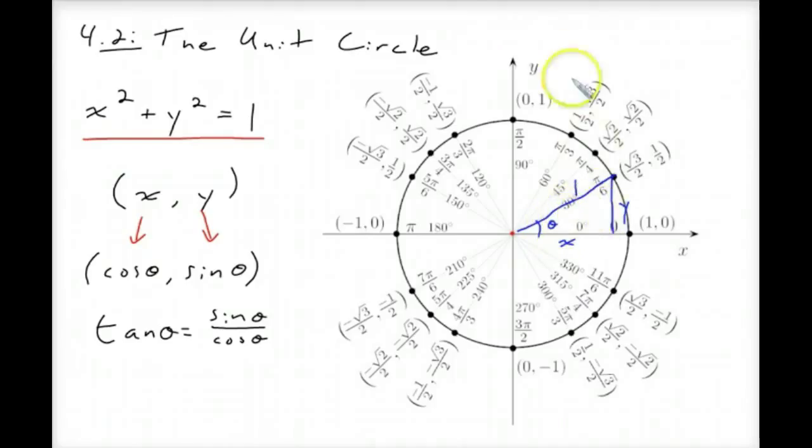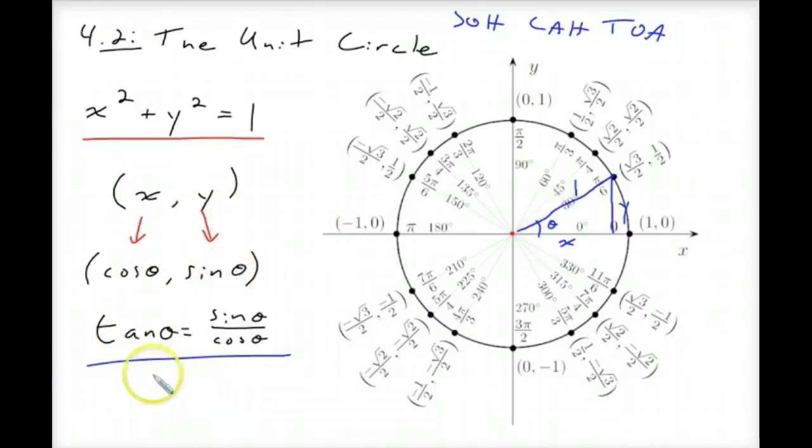So I can use my SOHCAHTOA. Sine equals opposite over hypotenuse, cosine equals adjacent over hypotenuse, tangent equals opposite over adjacent. So cosine of theta is adjacent over hypotenuse, so it's x over 1, so x is just cosine theta. Likewise, y is sine theta.